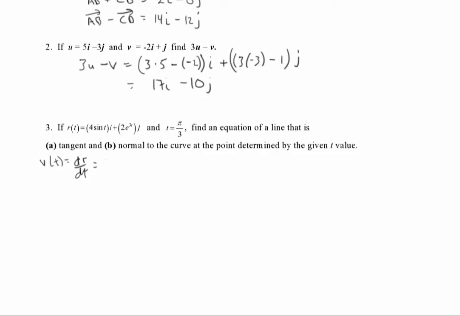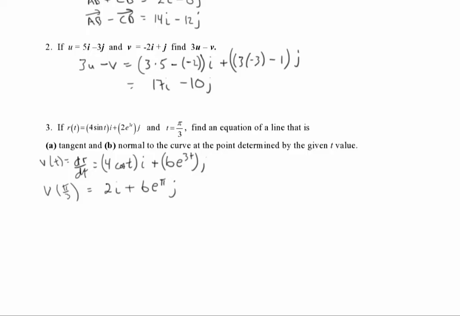So take the derivative: for cosine of t, i, and then bring down that 3, so we have 6e to the 3t j. Let's go ahead and plug it in. Cosine pi over 3 is a half, so we have 2i plus 6e to the pi j.